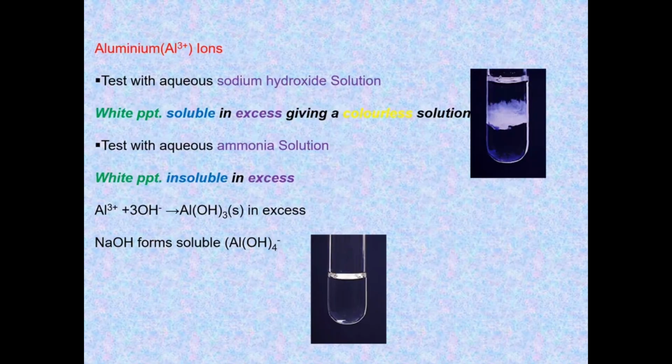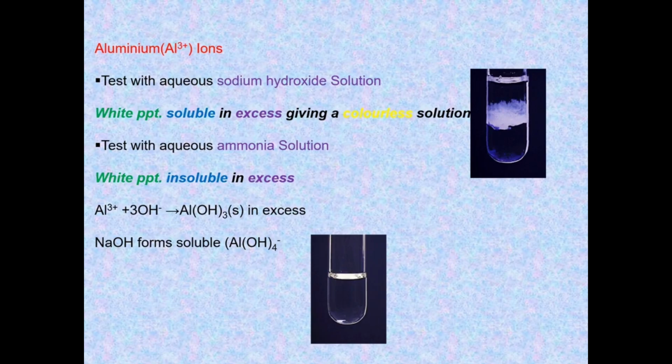Now for the aluminium ions. If you test using sodium hydroxide, it forms a white precipitate but it's soluble in excess. But if you use ammonia solution to test aluminium ions, it gives you a white precipitate which is insoluble in excess, because aluminium doesn't form a complex ion when it reacts with ammonia.